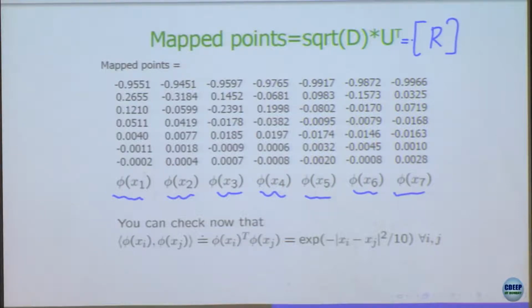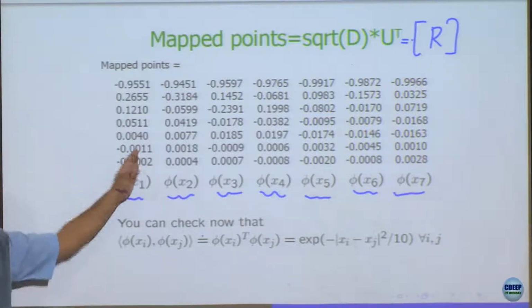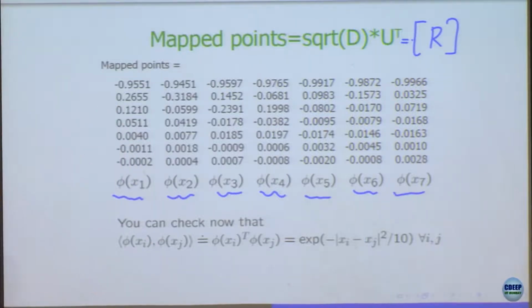I hope this example is clear. I just used real data to compute this. You can check that this will give you the same dot product as the original real phi. This is my phi tilde. If you want, just put a tilde here.